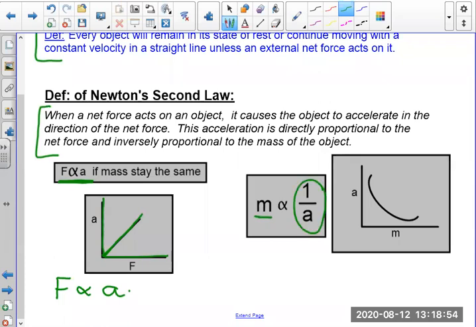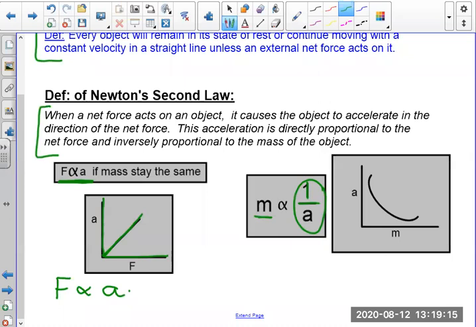Now the next situation is mass and acceleration. Mass and acceleration are inversely proportional. Inversely proportional means 1 over a. Can you see that? Inversely proportional means if one increases, the other one is going to decrease.